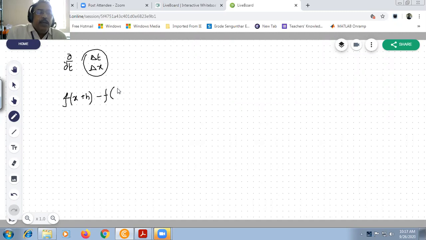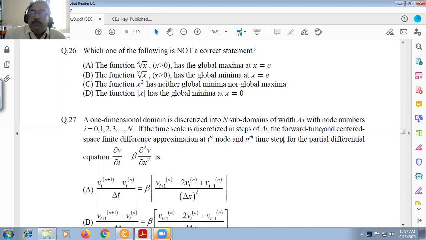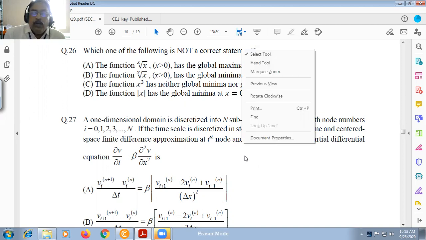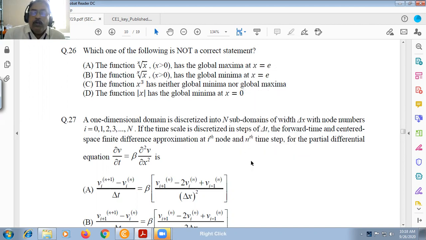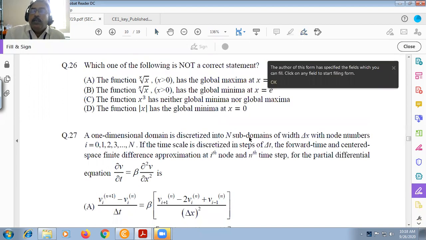So they have given forward time in space, and centered space difference at the nth step, right? At the nth step we have, see, right?